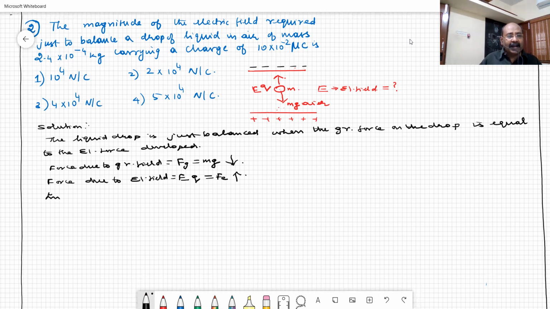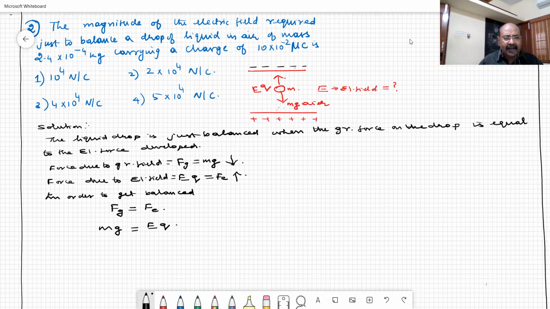In order to get balanced, the force due to gravity is equal to force due to the electrical field. So M into G is equal to E into Q.